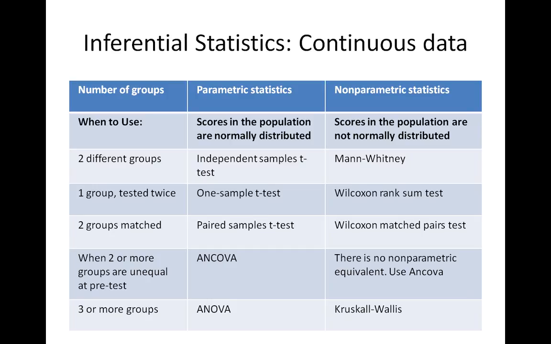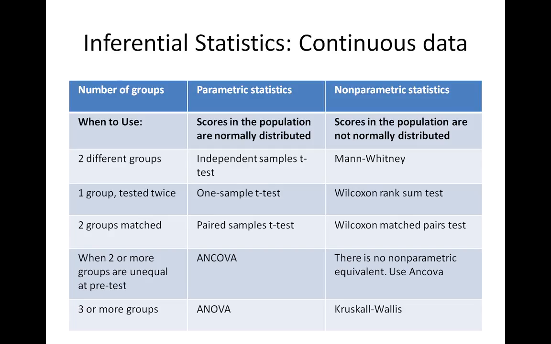Let's talk about inferential statistics for continuous data. Remember, continuous data are things like scores on a reading test, where you have an equal interval between each number. So when you would use it, if you have 2 different groups, which is what many of you will be doing, a treatment group compared to a control group, and your scores are normally distributed, you'd use an independent samples t-test.